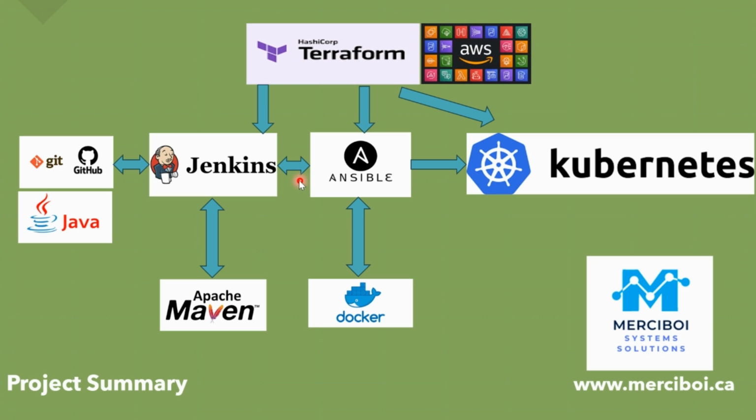This process will trigger the Ansible server to run the Ansible playbook, which would do a Docker build, Docker tag, and Docker push of our application image to our Docker Hub repository.